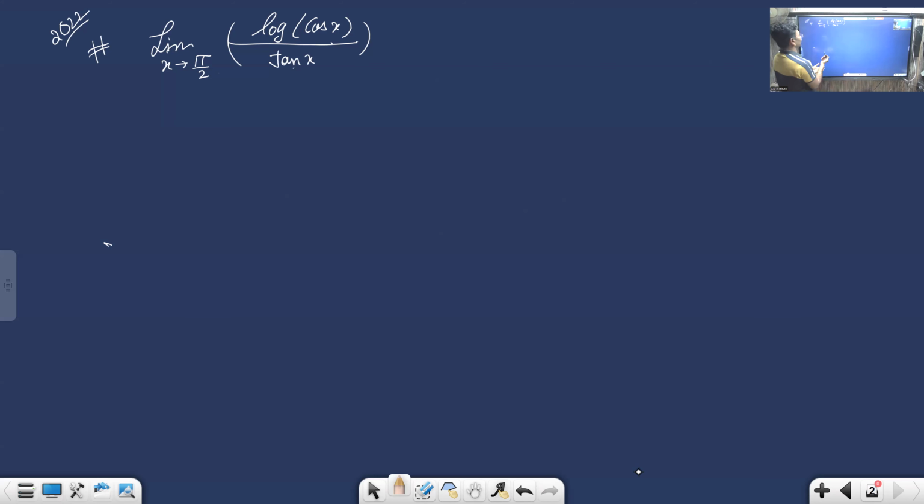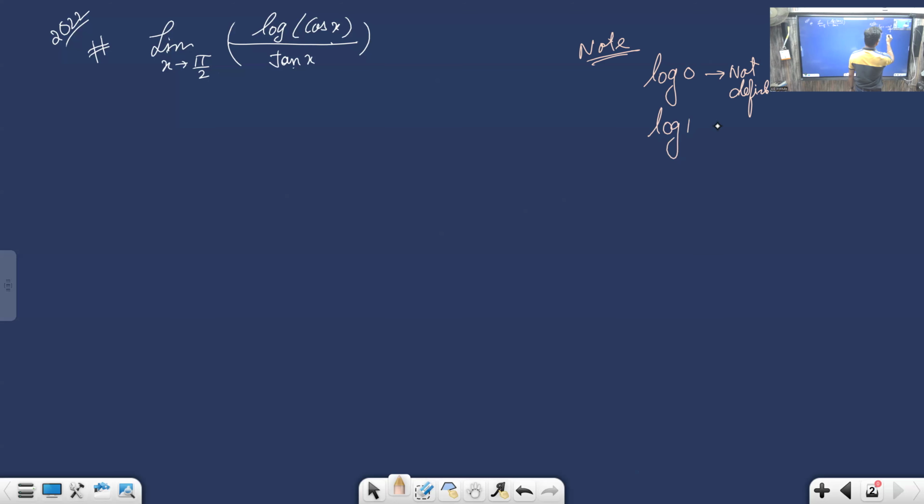Okay, now let's apply that. First of all, let me tell you one thing. If you get log 0, this is not defined. If you get log 1, it is 0. This is defined. Okay, so 0 is a definite number.